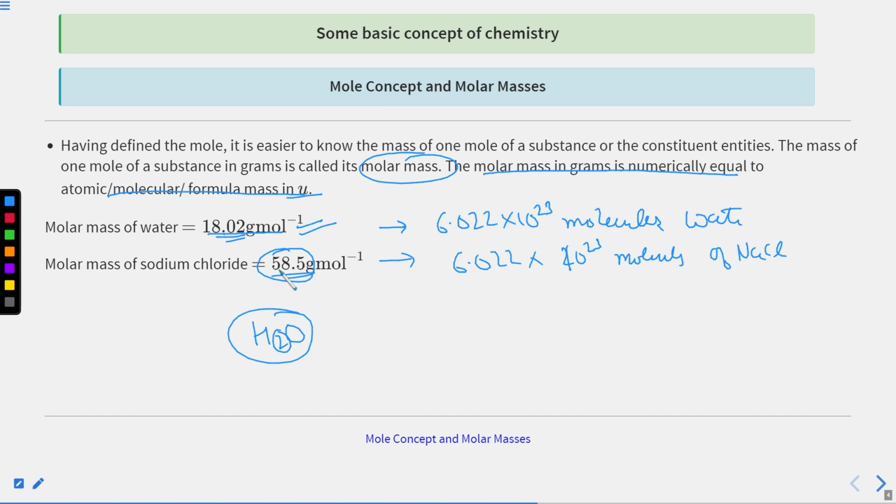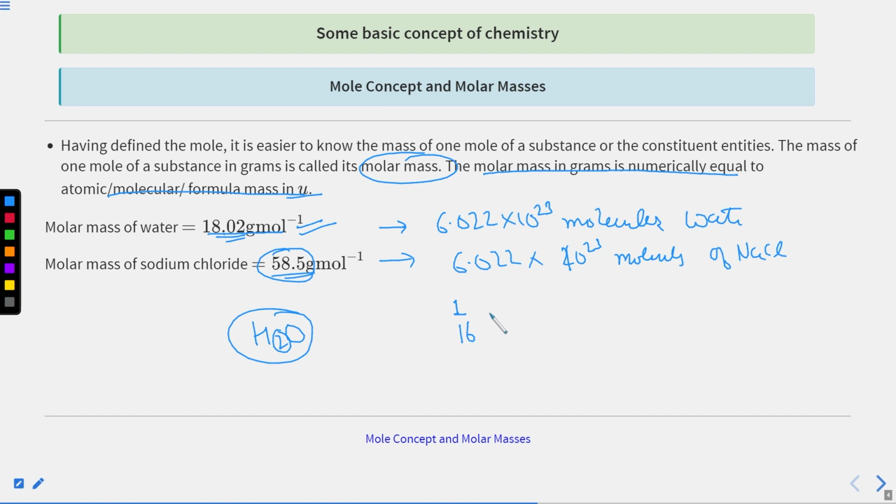So we do not need to carry out the counting or calculation again and again. You should at least remember the atomic masses of the first 15 to 20 elements along with their atomic numbers. Hydrogen has an atomic mass of 1 and oxygen has an atomic mass of 16.